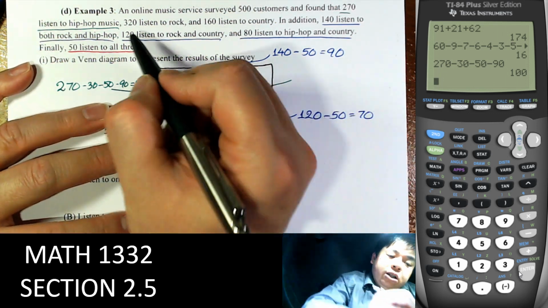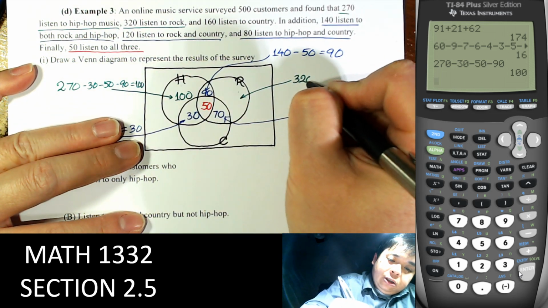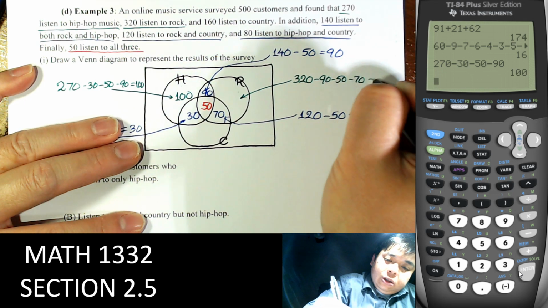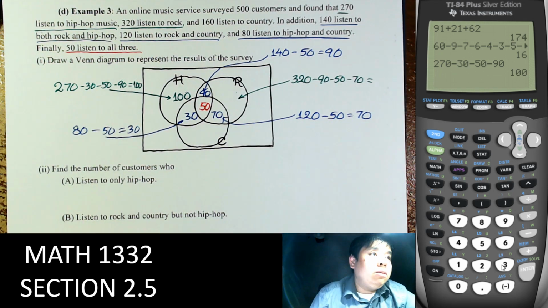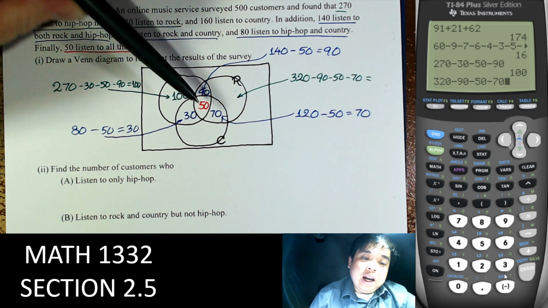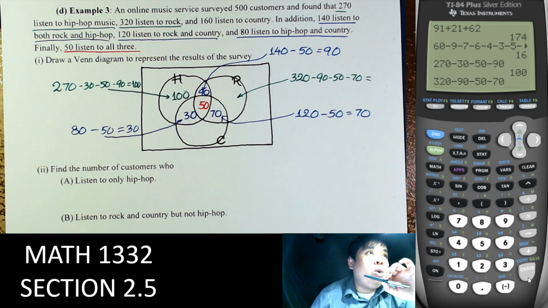And then rock, we have 320 that listen to rock, and subtract those 3 numbers we have. Those only listen to rock.